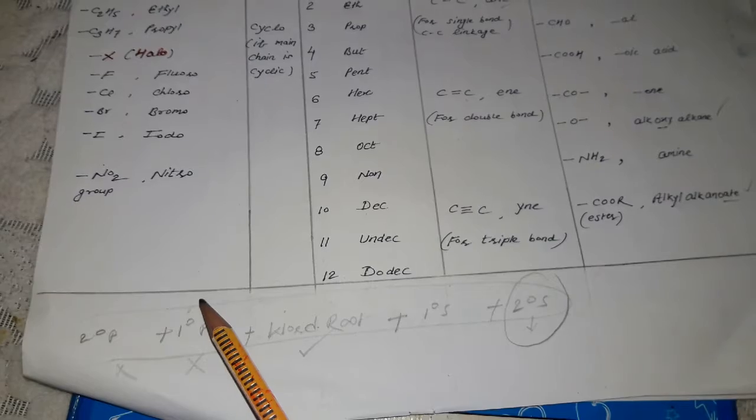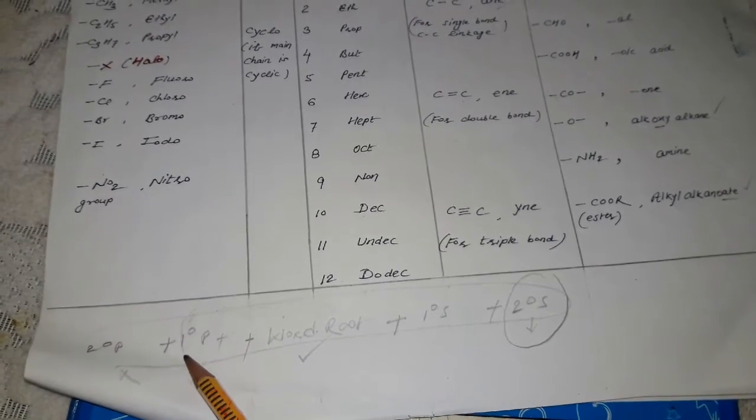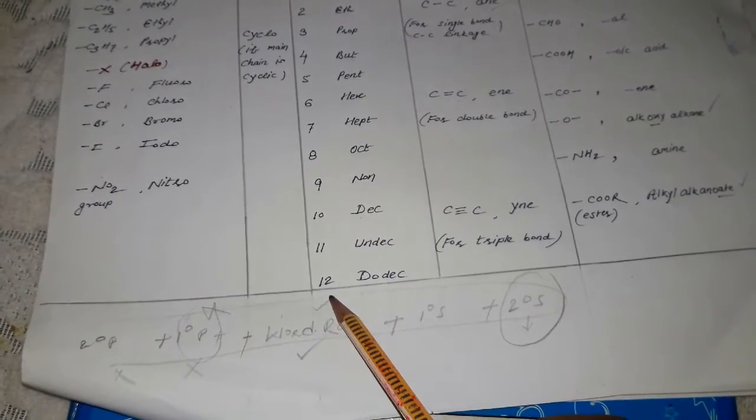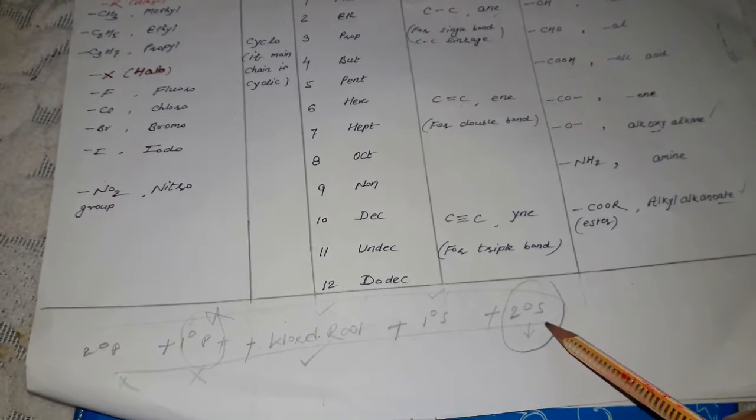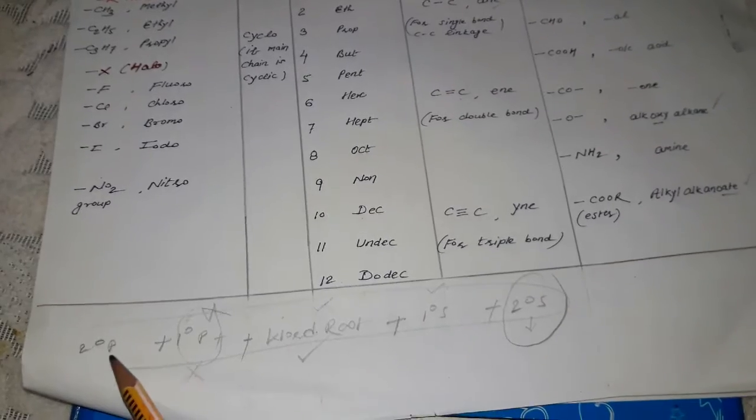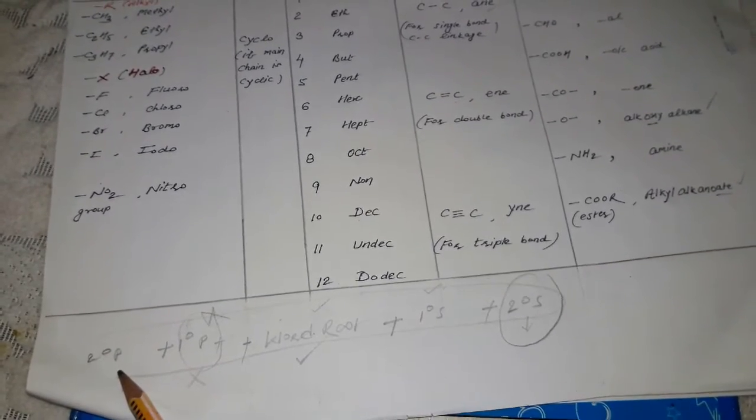This is the sequence of how we write the exact IUPAC name. If the main chain is not cyclic, we skip the 1 degree prefix. Word root is always present, and the functional group may be present or not present, and the 2 degree prefix may or may not be present.